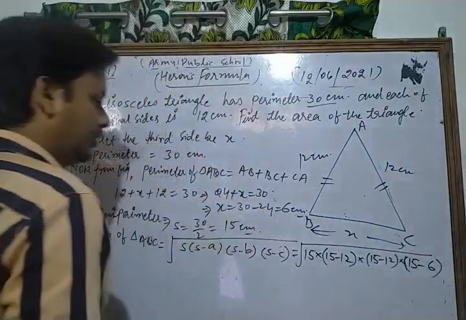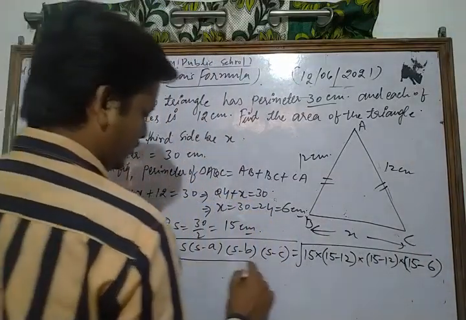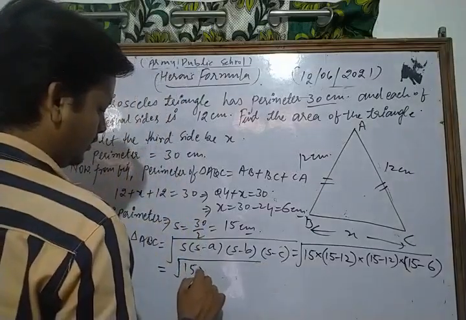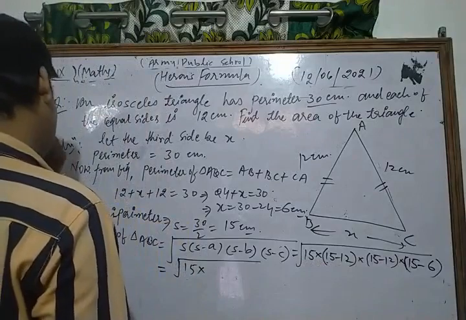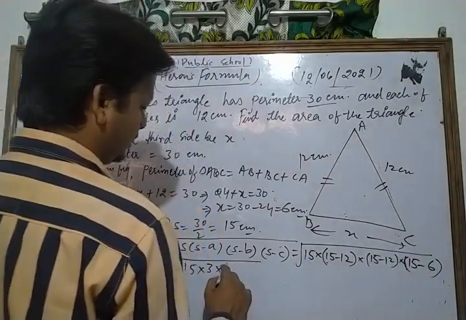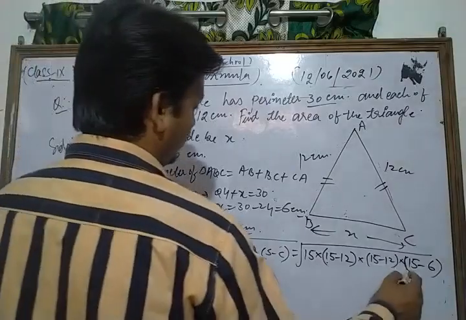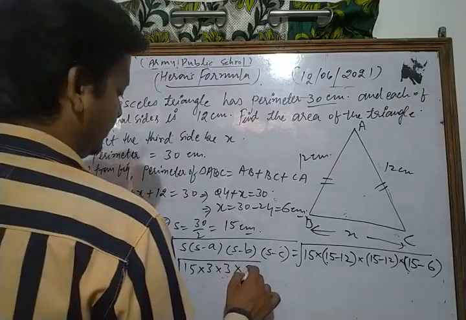Now we have root of 15 into 15 minus 12, that is 3, into 15 minus 12, that is 3, into 15 minus 6, that is 9.